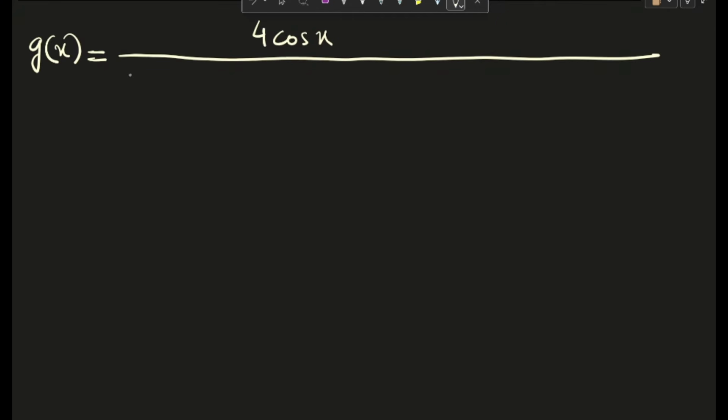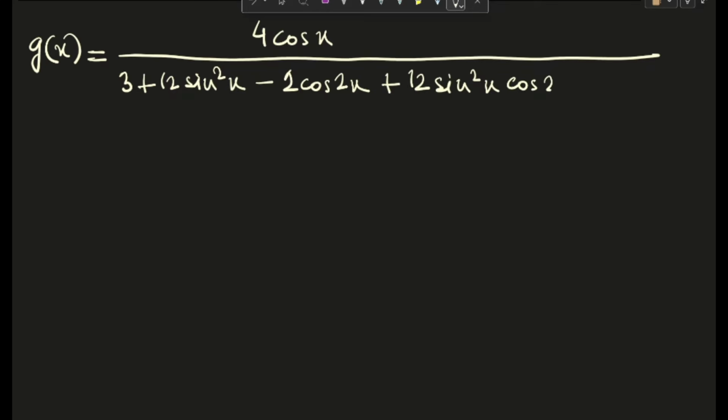So first let's write out our pretty huge g of x, which is equal to 4 cosine x divided by a huge thing, which is 3 plus 12 sine squared x minus 2 cosine 2x plus 12 sine squared x cosine 2x plus 3 cosine 4x.